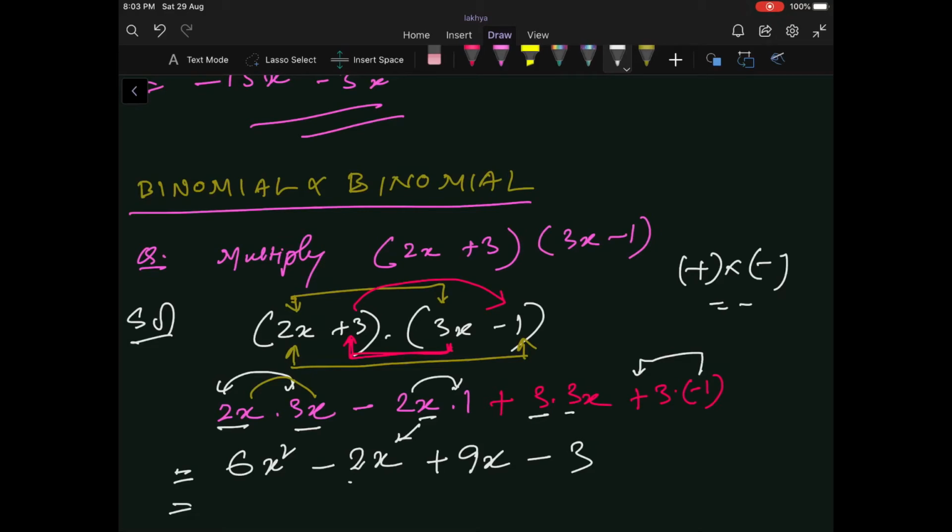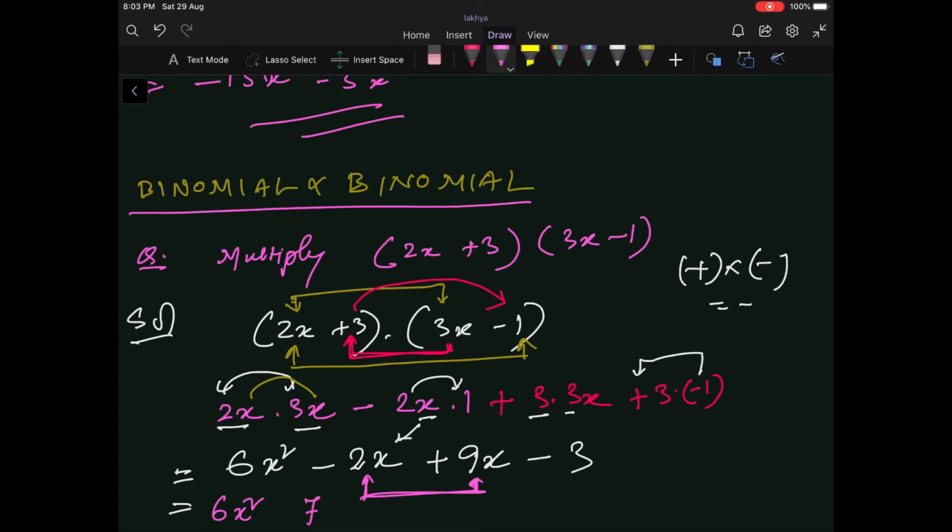But here you see these two are like terms. If you get like terms, then you can add or subtract according to the sign before them. Okay, so this is minus twice x, this is plus 9x. One number is positive, another is negative. In that case, first write the first term. Okay, in this case what to do? You have to subtract these two. So we know 9 minus 2 is 7.